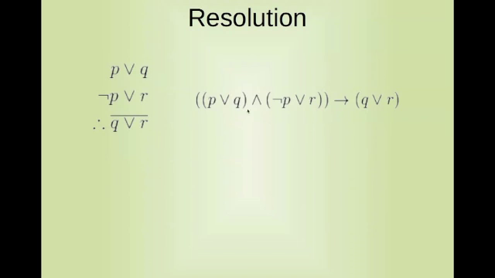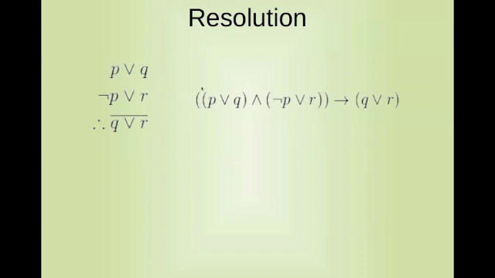So if one of these statements is true, we know that Q or R must be true because in one of these statements P is false. So for example, if P is true here, then this P is false, and that means R must be true to make this whole thing evaluate. And in reverse, if P is true here and P is false here, we know that at least Q must be true to make this whole AND statement work.